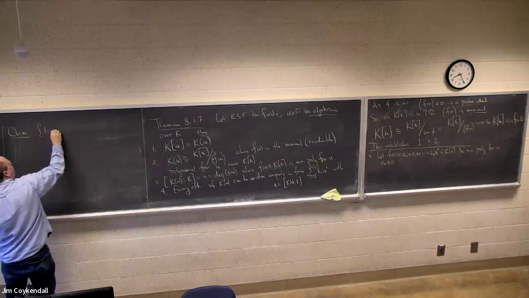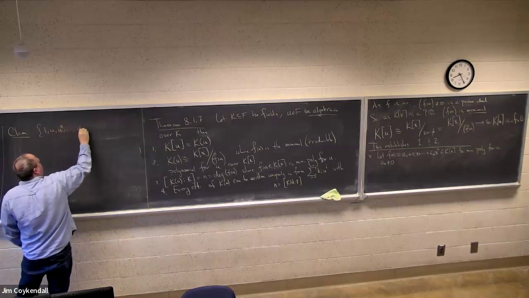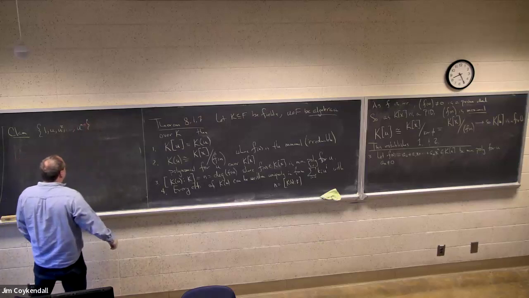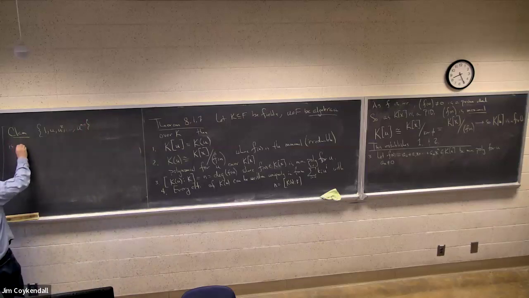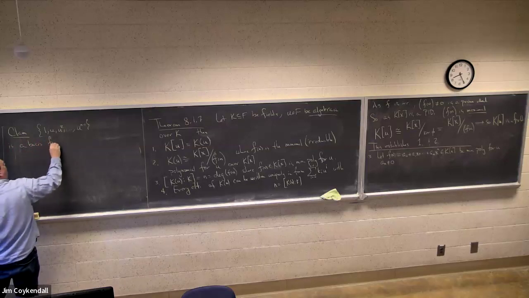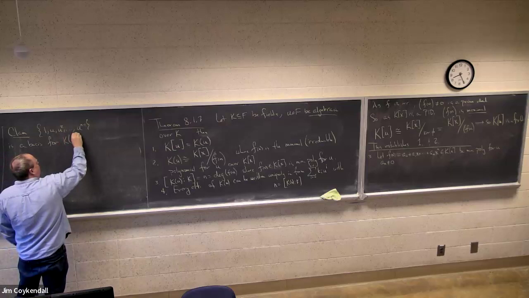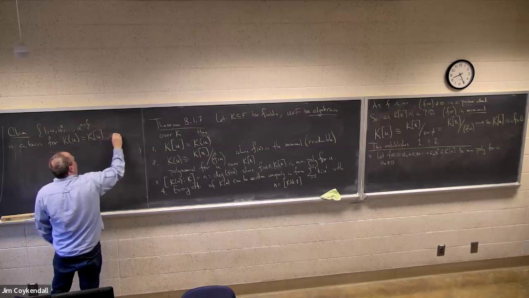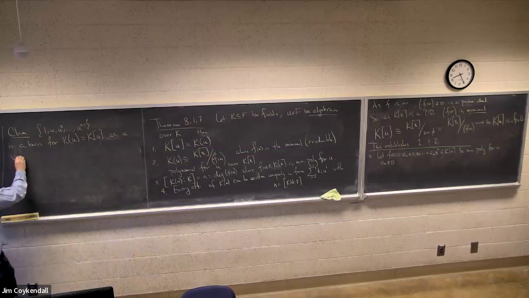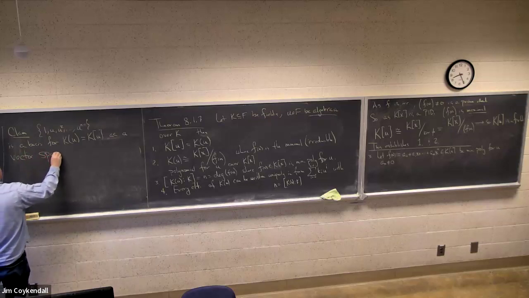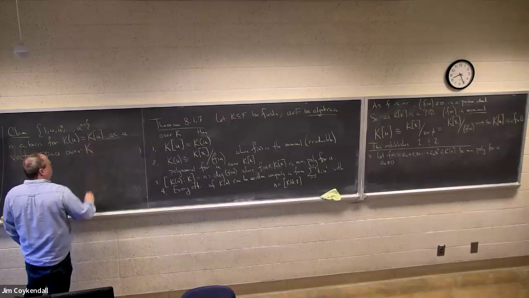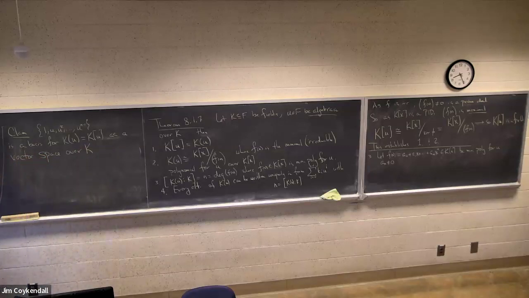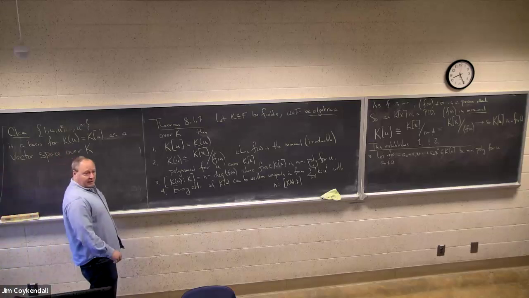The set of elements 1, u, u squared, all the way up to u to the n minus 1, is a basis for K(u) as a vector space over K. So I claim that that collection of powers of u gives me a basis for my vector space.